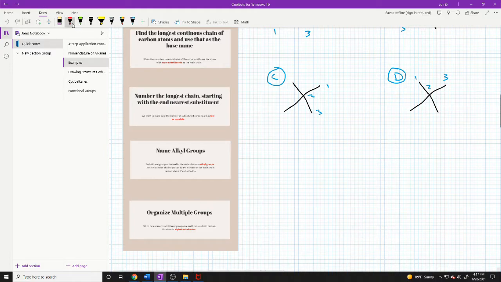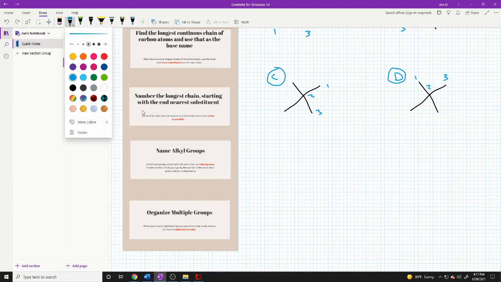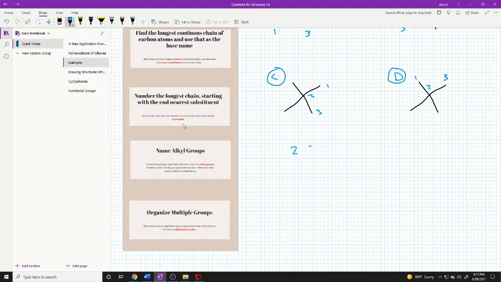And so the name for this particular compound would be 2,2-dimethyl, and again it's dimethyl because you have 2 methyl groups on carbon 2, dimethylpropane. All right. And so we will go to the next example.